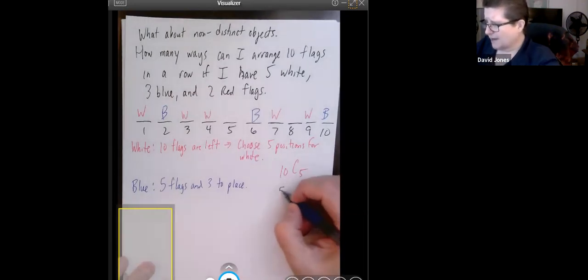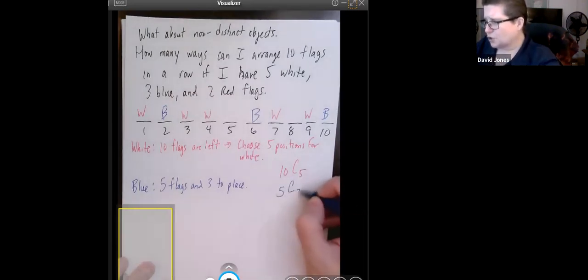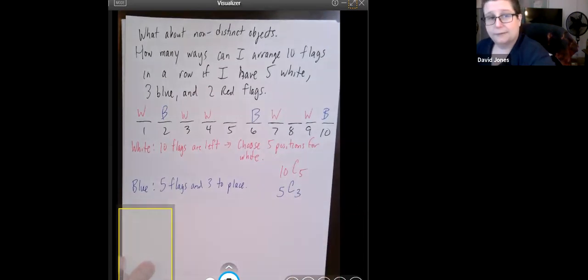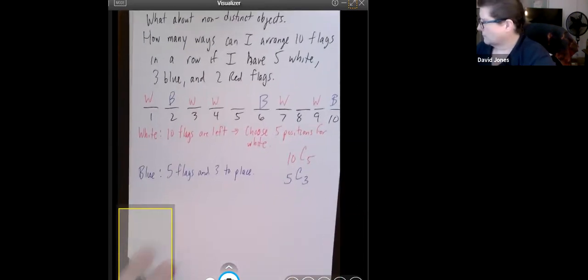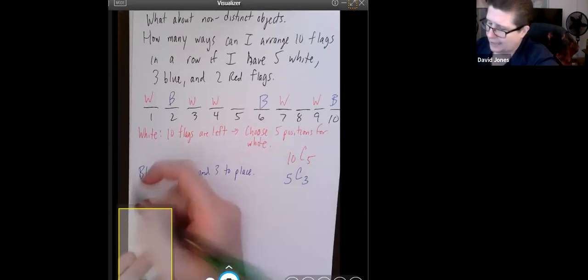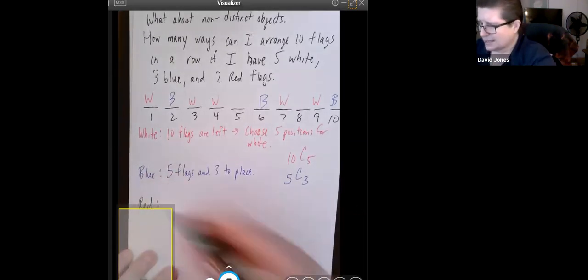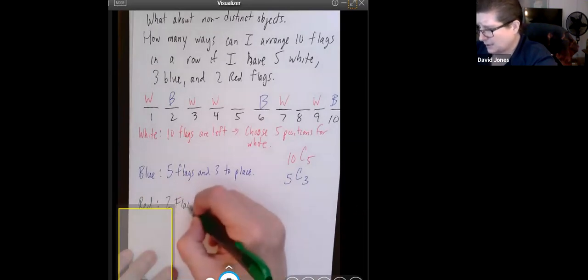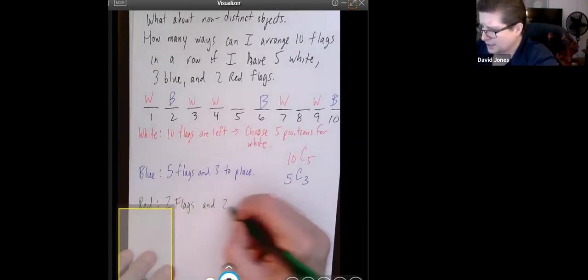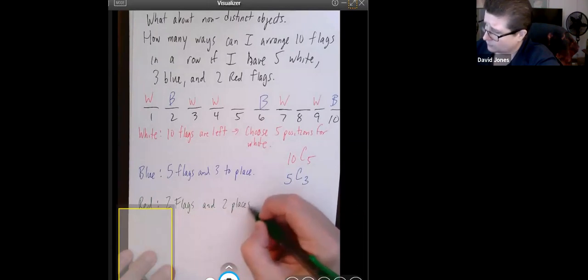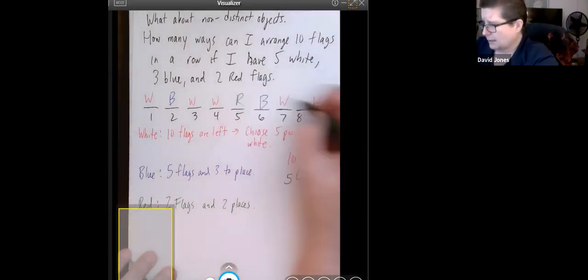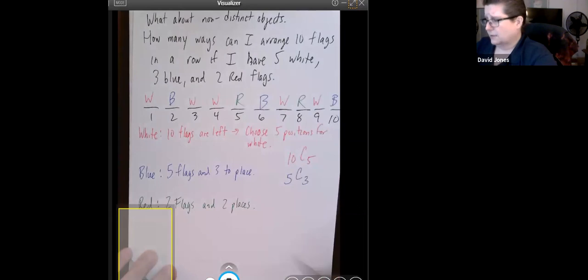I had 5 places to choose from, and I chose 3 of them. 5 choose 3. And finally, I get down to my red flags, which will be in green. I've got 2 flags left. They're both red, and I've got 2 places to put them. So red and red. 2 choose 2.